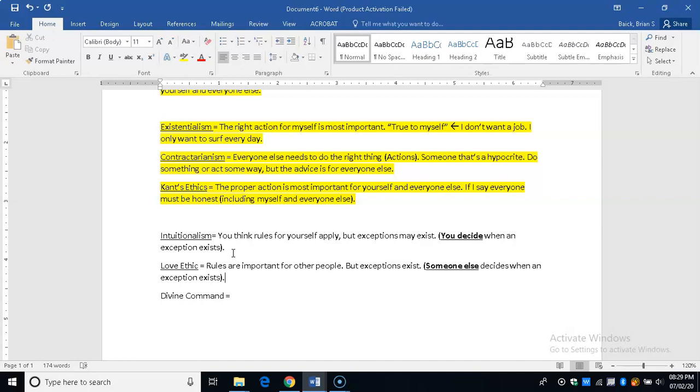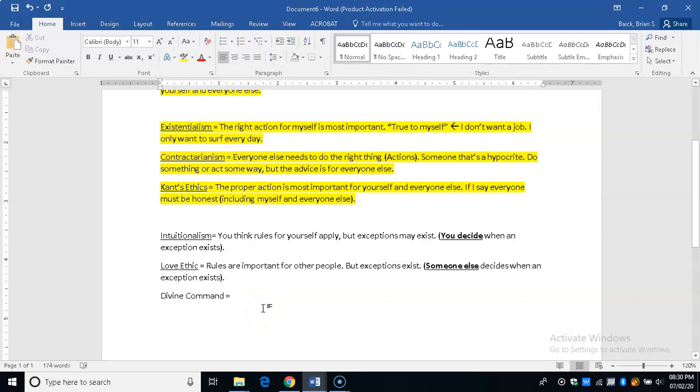Sometimes going to a fast food restaurant where the food tastes really good is more important. I want a certain end result. And when is that exception made? Well, someone else is going to decide. Maybe because it's my friend's birthday and they really want to go. So I'll let them make the call. Okay, so that would be love ethic.